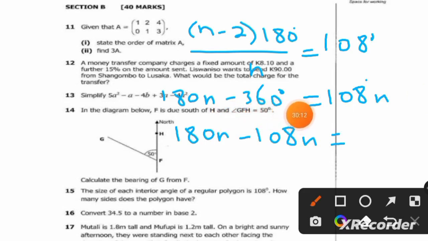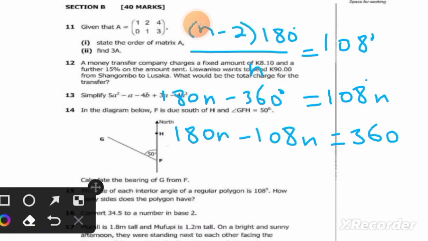This one will cross the equal sign, and after crossing the equal sign, it will be positive 360. So 108 minus 180, we are going to have 72n is equal to 360.